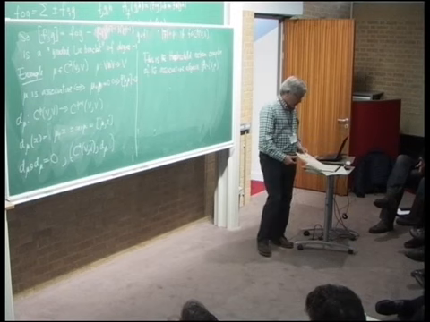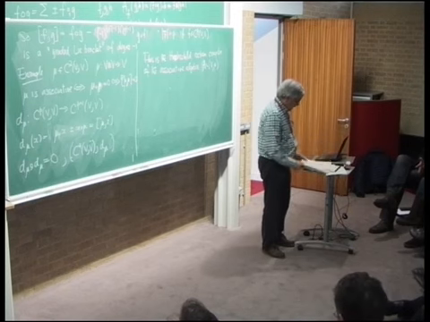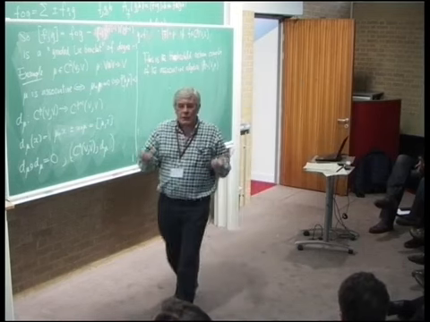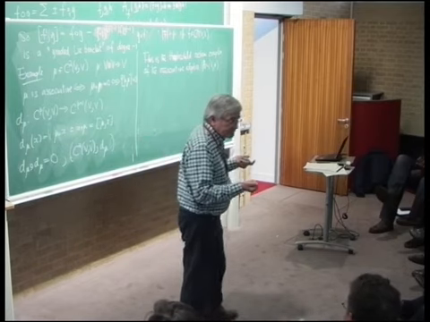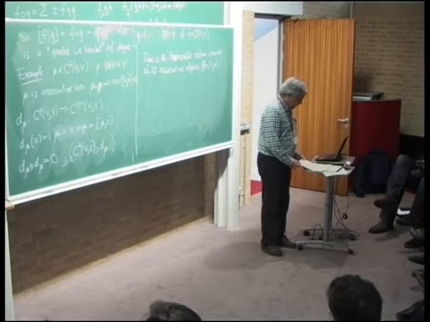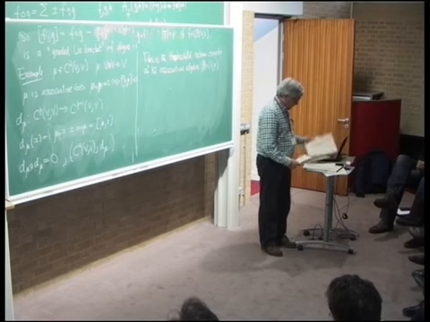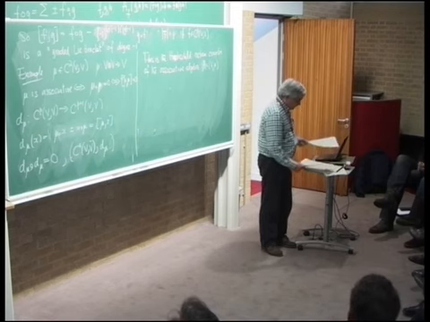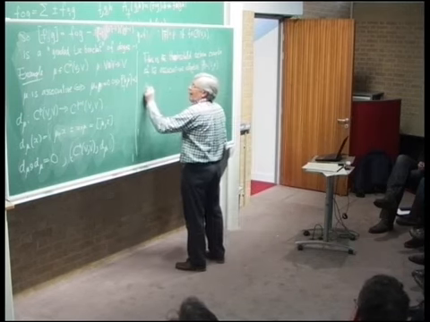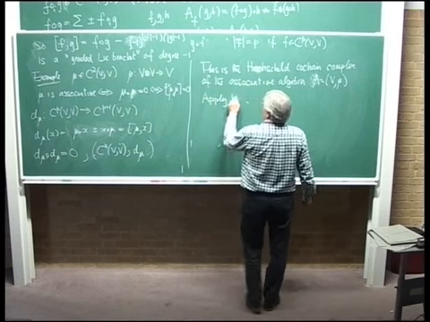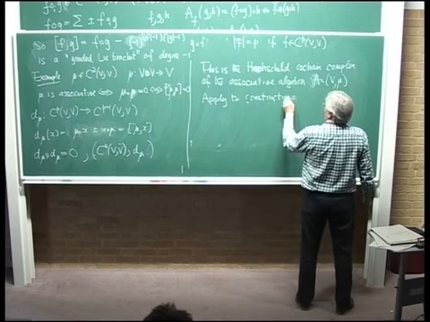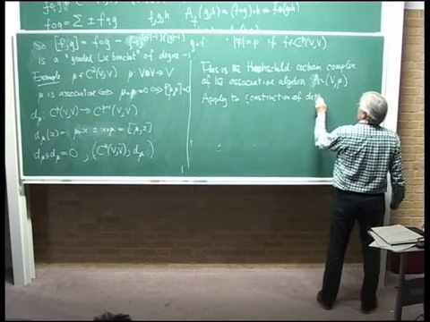So the next thing to do is to apply this basic idea. After all, we're trying to construct an associative product on some algebra. The algebra is A of t. So I'm going to apply this little bit of general theory to that example: the construction of deformation quantization.